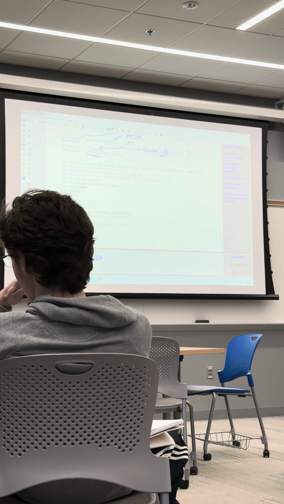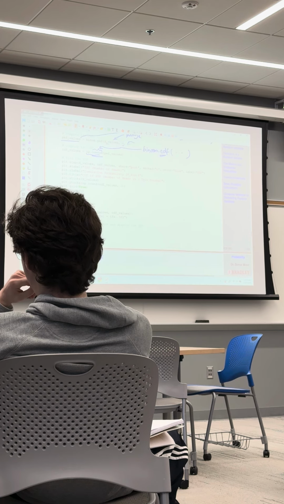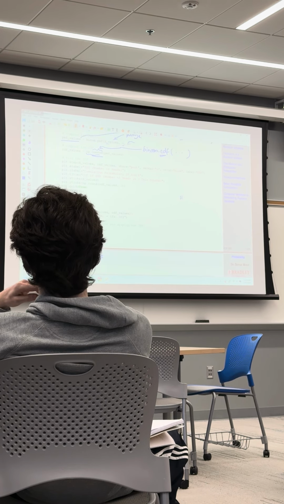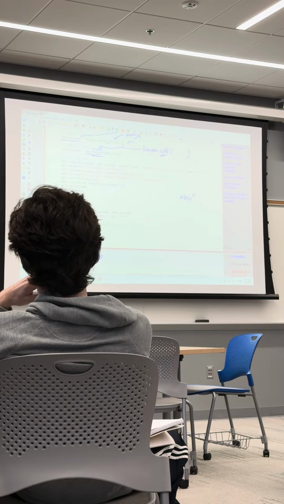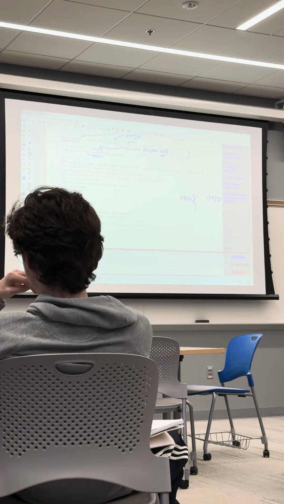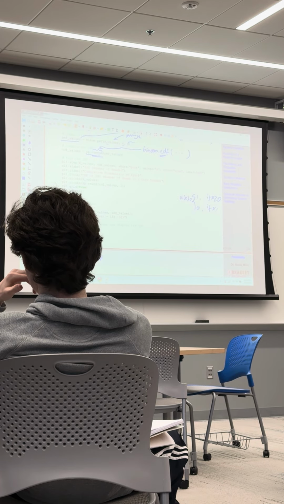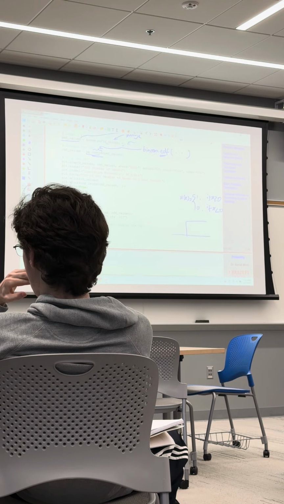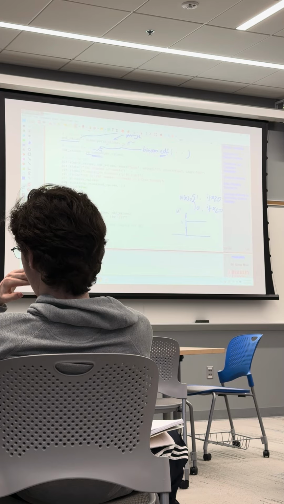You guys are juniors at this point, so you already know what a step function is, right? The step function u of x is basically 1 if x is greater than or equal to 0, and it is 0 if x is less than 0. So this is 1 and this is 0.